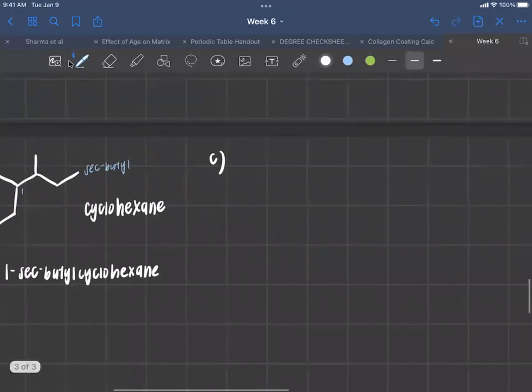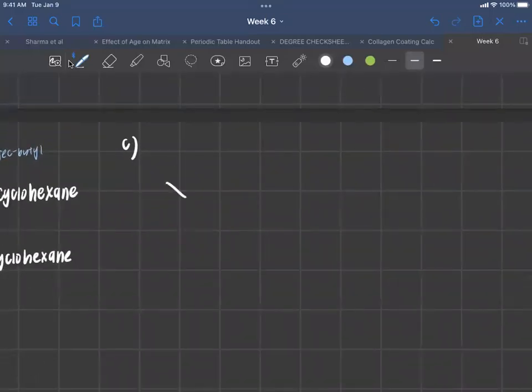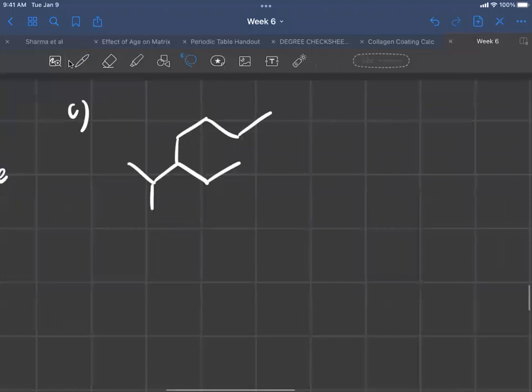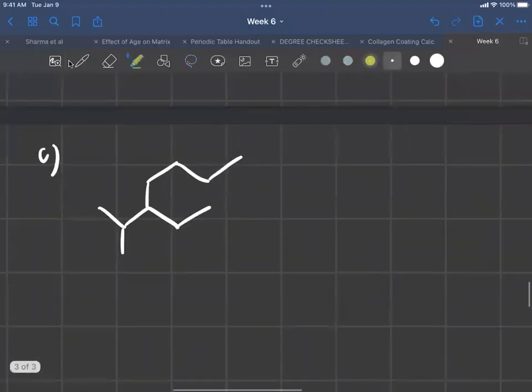Next one we have, all right, something that almost looks like a ring, but is not. Our parent chain is going to be this route over here.